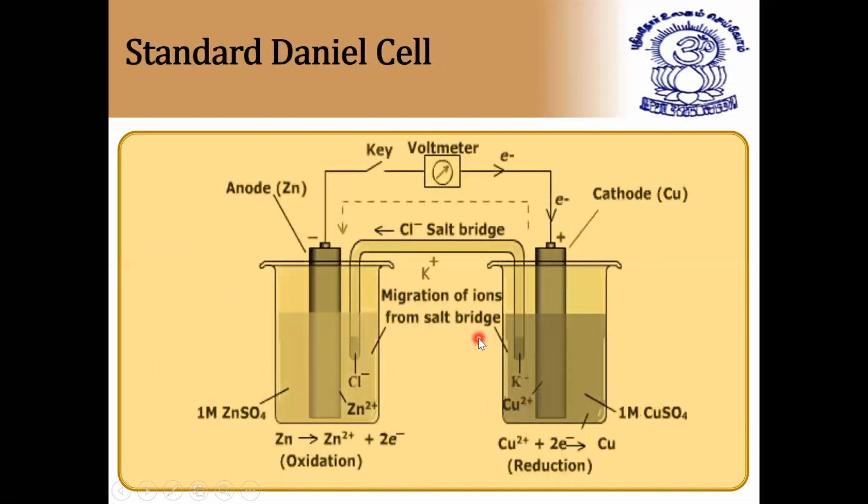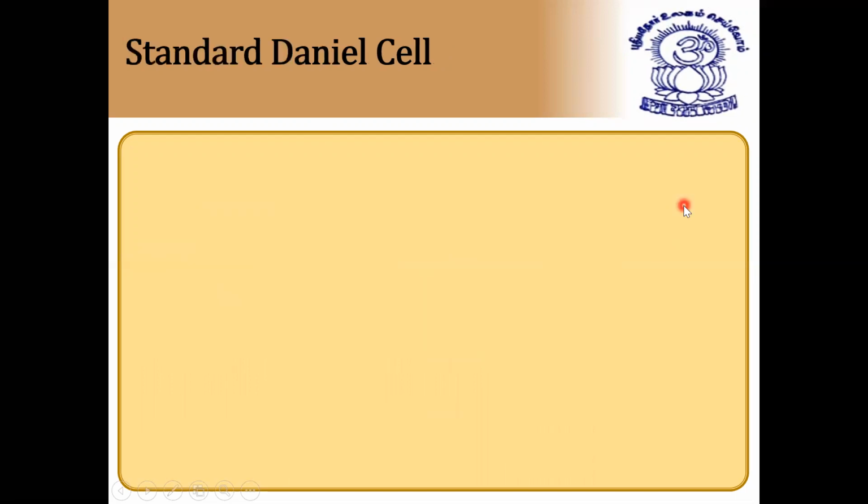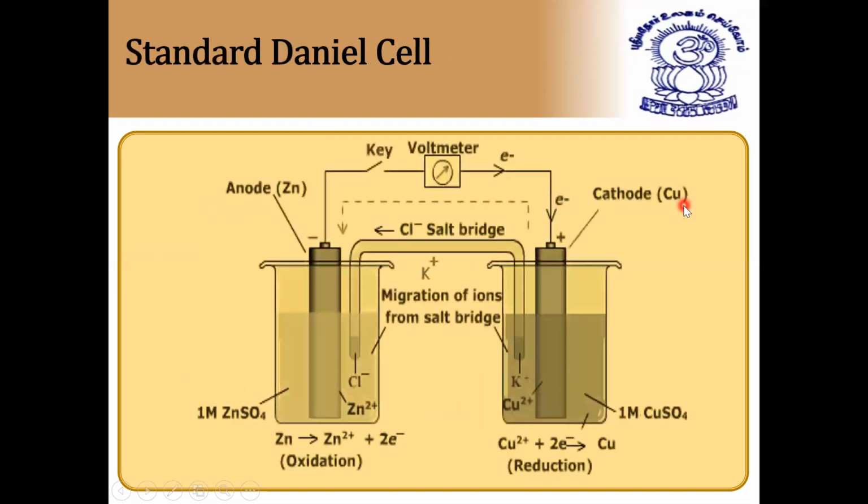Next, a device used to convert chemical energy produced in a redox reaction into electric energy is called a galvanic cell. Now, what is a galvanic cell? Very important. All of you listen carefully. This experiment I will be explaining here. It is easy.